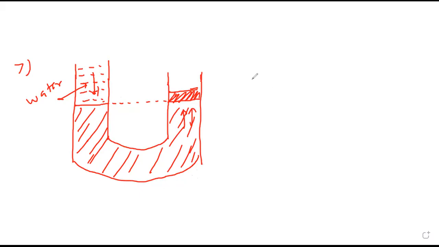So can I say pressure due to water is transmitted to the mercury? So pressure due to water is equals to pressure passed to the mercury. So height of water, density of water into g will be height of mercury into density of mercury into g. g I can cancel.